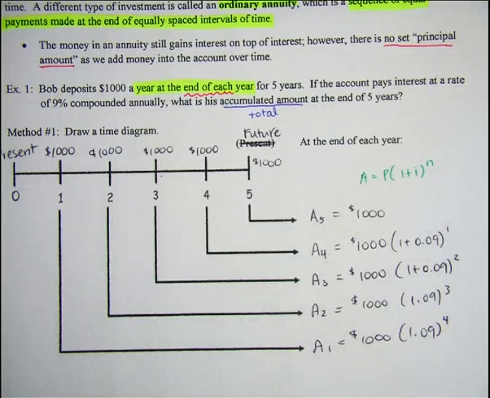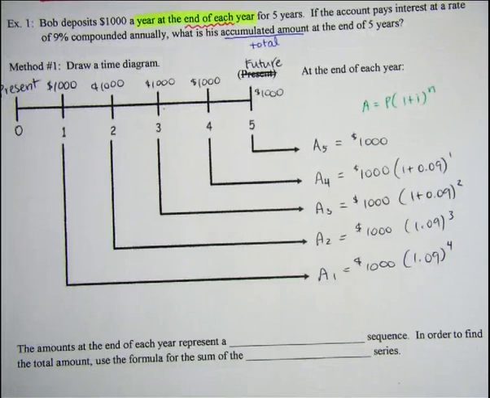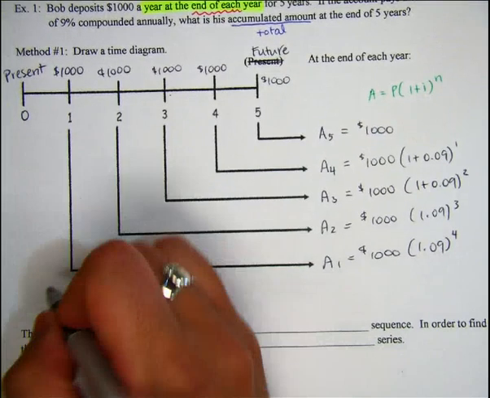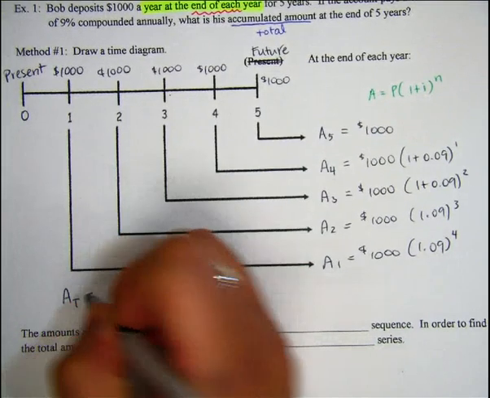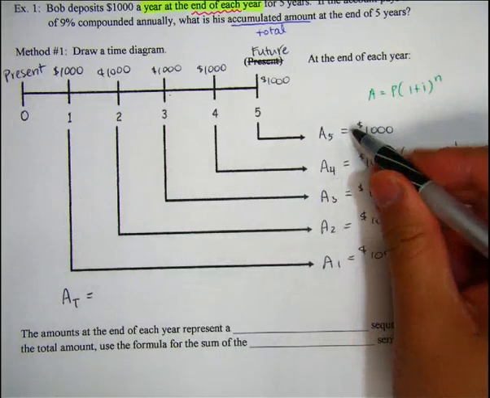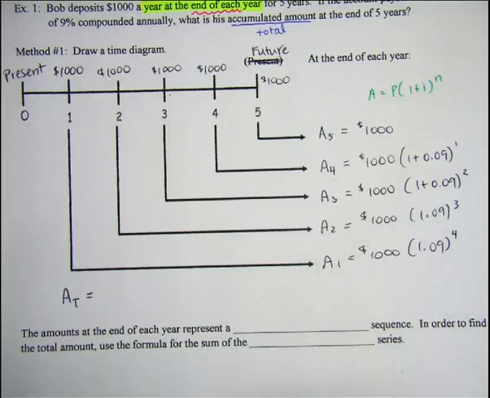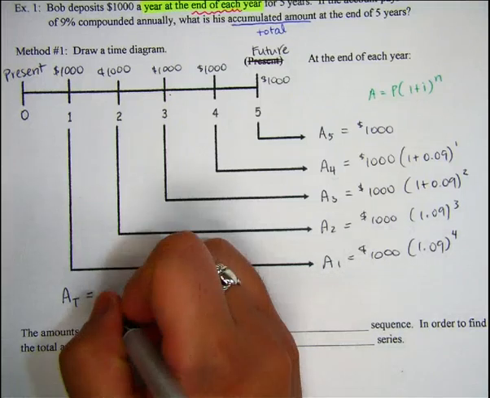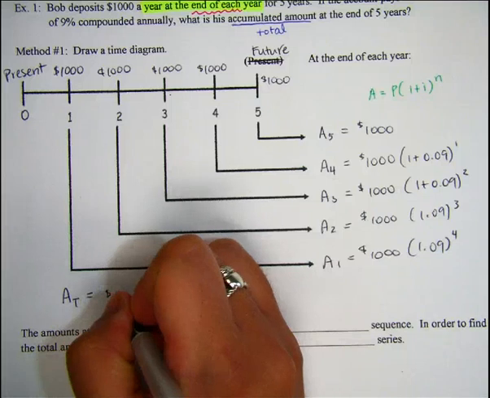Now I'm going to write all of these terms out in a row, and hopefully you'll be able to see a pattern forming. So A total is equal to A1 plus A2 plus A3 plus A4 plus A5. I'm just going to write it in backwards order. So A5, A4, A3, A2, A1.